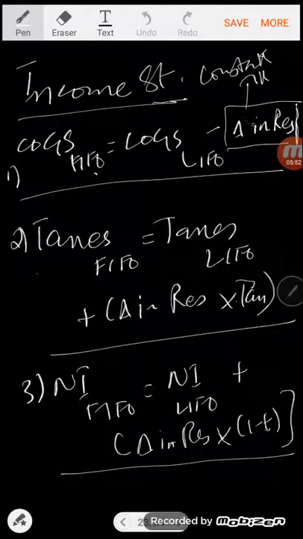Similarly in the income statement. In COGS FIFO, we are just subtracting the change in reserve, a constant amount. Similarly, when we are calculating taxes, of course, it is the tax amount of the change in reserve, and in net income, whatever remains after paying the tax, we would be adding that. I hope it is clear.